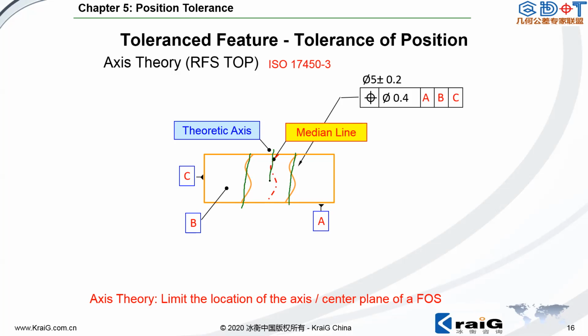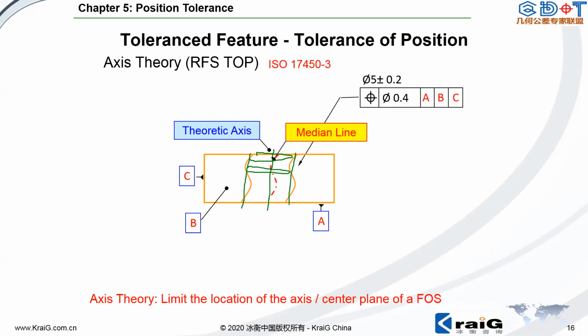Again, this initial axis is not the tolerance feature. Next, you cut a section here, with an intersection plane which should be perpendicular to this axis. And then you get a circle, right?